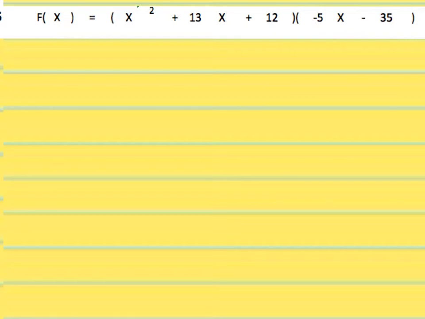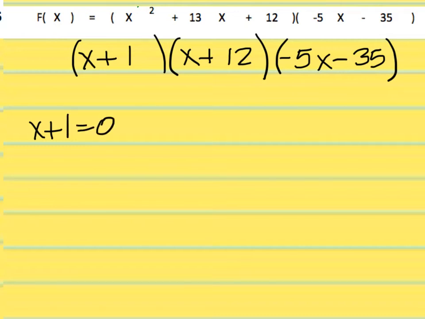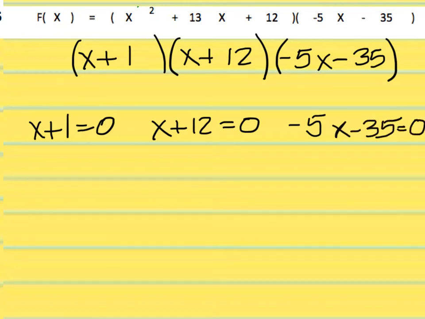Let's break up the first quantity as this. We need two numbers that multiply to get 12 and add to get 13. That would be 1 and 12. And then you have negative 5x minus 35 on the back end. You'll need x plus 1 equals 0, x plus 12 equals 0, negative 5x minus 35 equals 0.